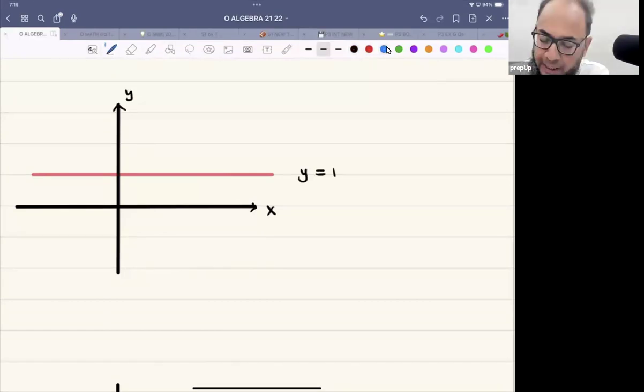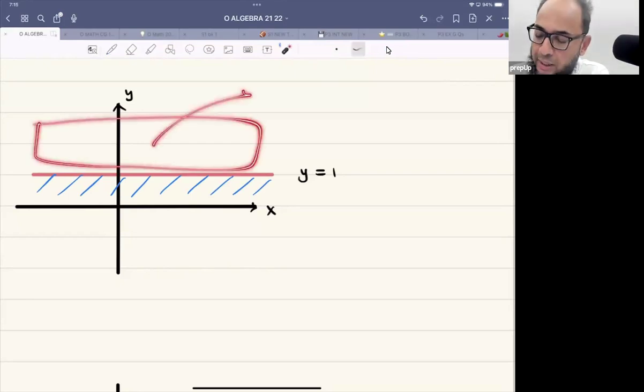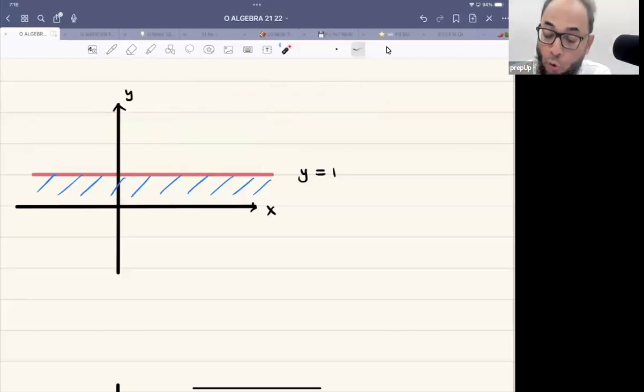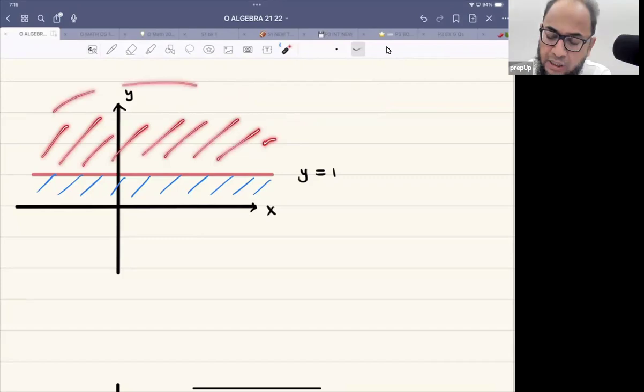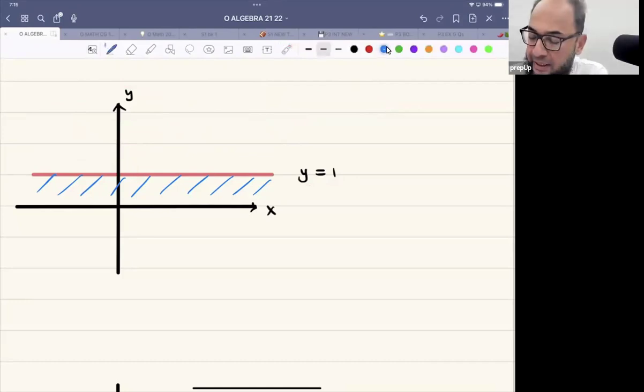If I shade this region, that means this is the wanted region, the required region, because all the points in this region are such that the y coordinate is greater than or equal to 1. So let me write this inequality: y is greater than or equal to 1.